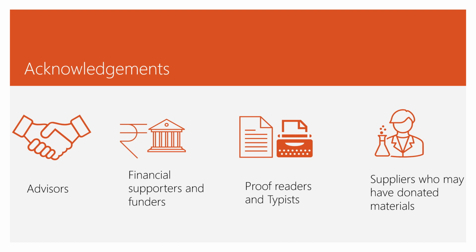So you can put proofreaders and typists in the acknowledgement section, or anyone who may have donated or provided chemicals or any materials, such persons are also acknowledged in the acknowledgement section.